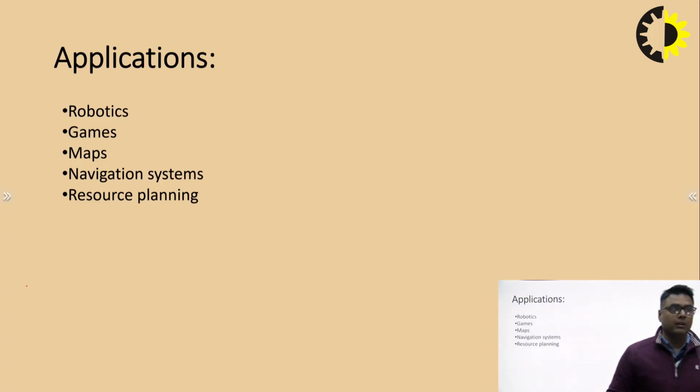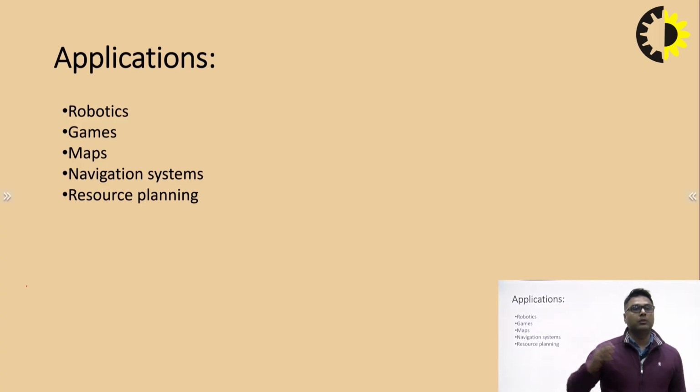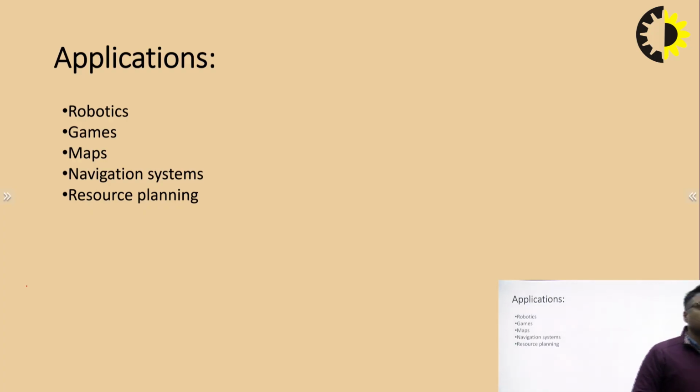Everything is known, then you have to decide how to move to the exact location, from the start node to the final node. Maps, such as Google Maps, also provide start node to goal node, navigation systems, and resource planning. All these applications relate to start nodes and goal nodes.